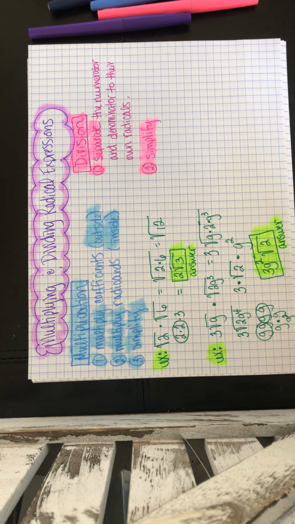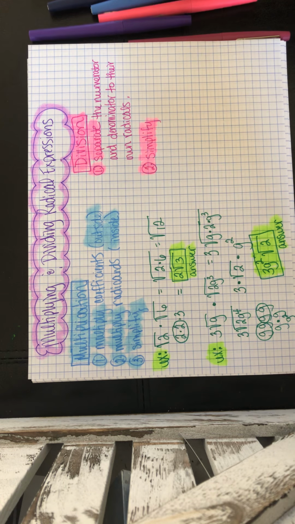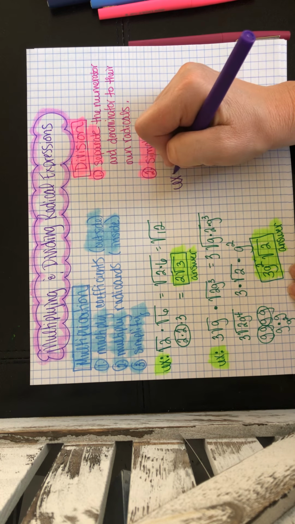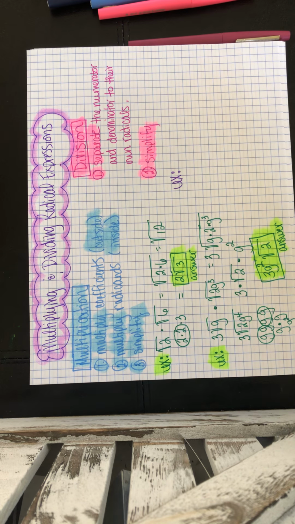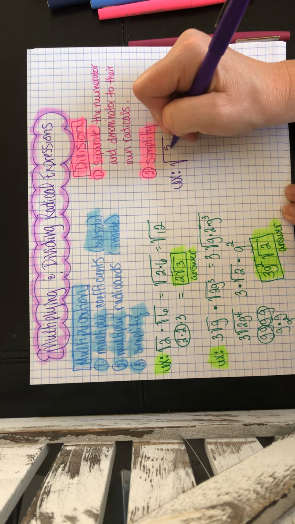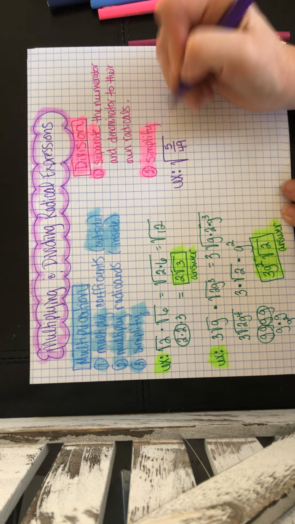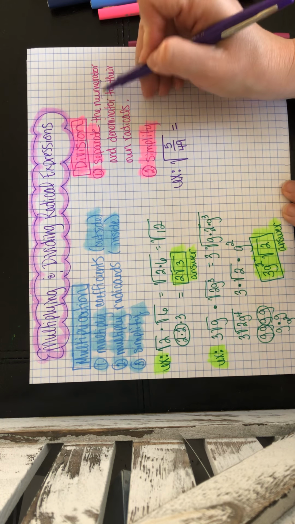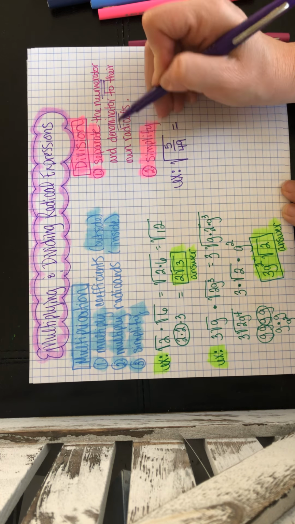So let's take a look at an example. If I need to find the square root of 5/49, I'm going to separate my numerator and my denominator.